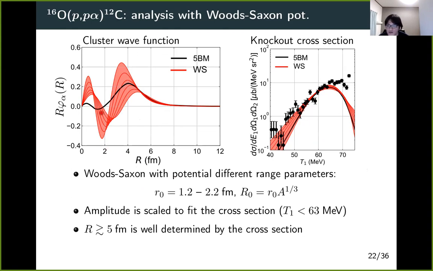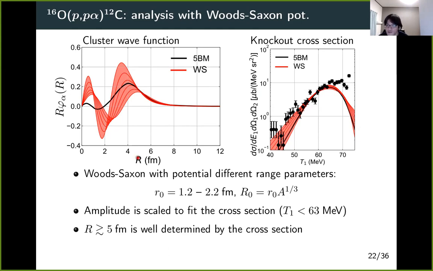We can make this kind of band of alpha cluster wave functions, and this band is mapped to this red band in the cross section. Because I scaled them to fit the 5-body model curve in the surface region, they are similar. This band, I would say, reproduces the data, but going back to the cluster wave functions, they are so much different in the internal region.